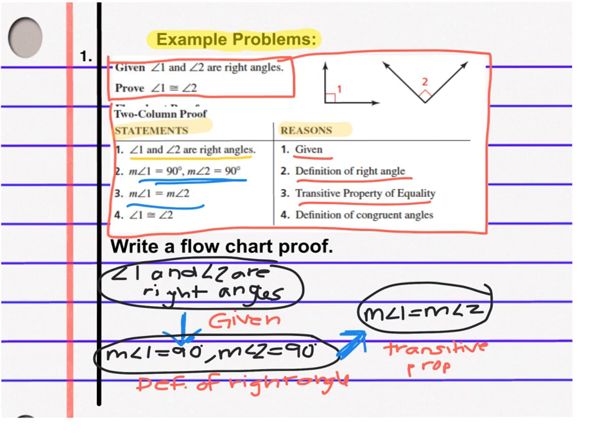And then lastly, I have that angle 1 is congruent to angle 2. And my reason is the definition of congruent angles. Okay.